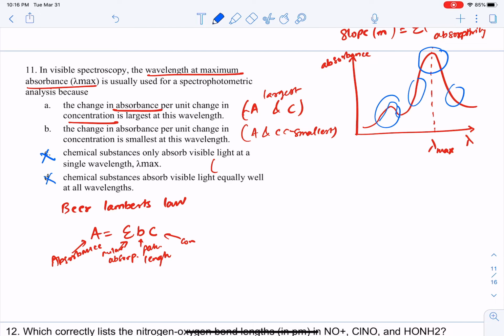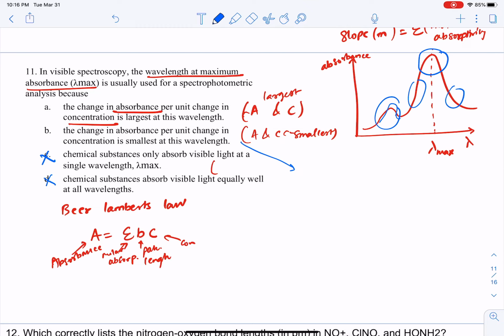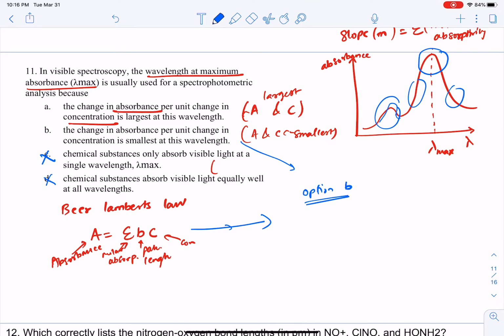Now, option B: the change in absorbance per unit change in concentration is smallest at this wavelength. So if we change the concentration, there will be only a small change in absorbance.